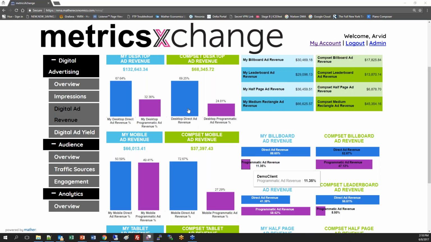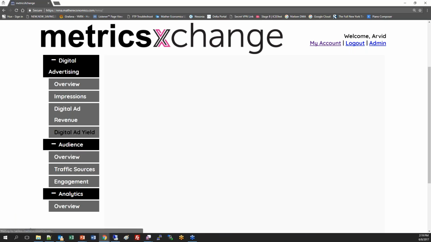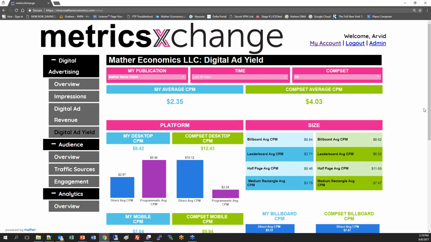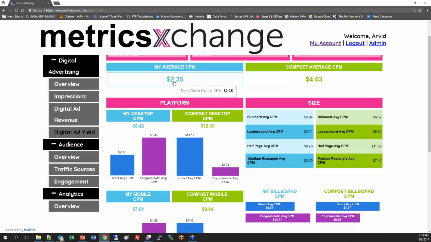So just to wrap up on advertising, I'll go ahead and skip. Revenue is pretty much the same as impressions, just breaking out the proportions of revenue. Ad yield: here we have things like CPM, again broken down by platform, by size, and so on. You can see my composite demo newspaper here has about $2.35 eCPM, compared to about $4 on average across the industry.